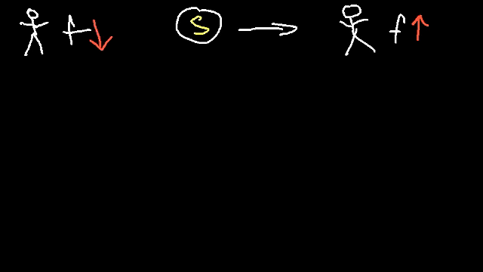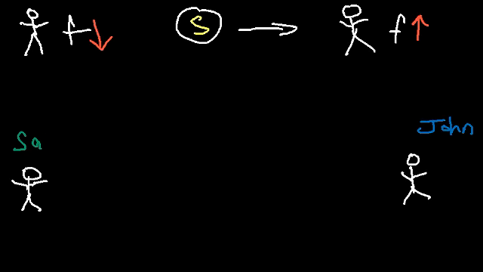Why is that? Well, let's call this person John. Let's give him a name. And let's say that this person on the left, let's call her Sally.